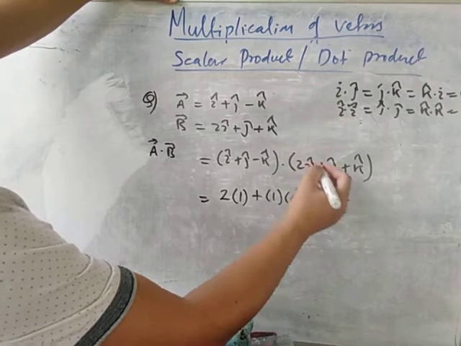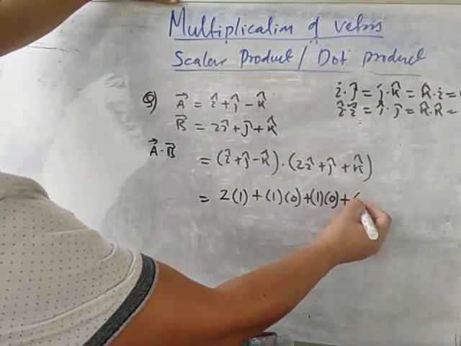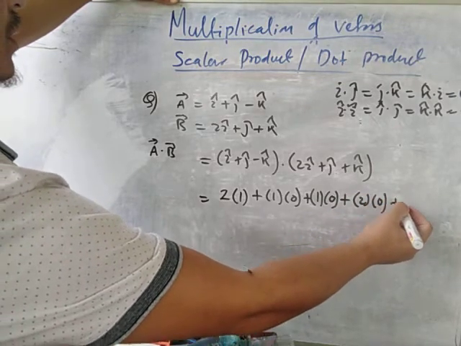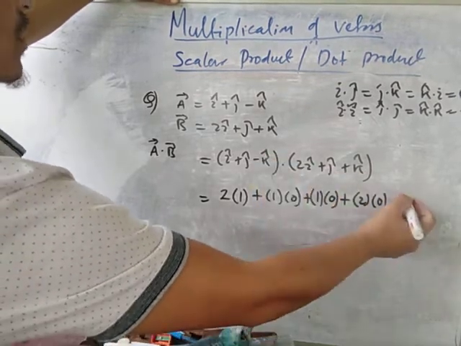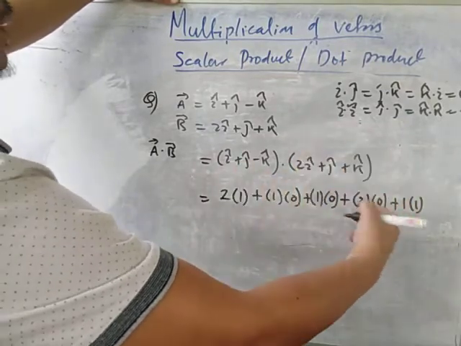Then plus j into i is 0, so 2 into 0, plus 1 into 1, 1, j into j is 1.